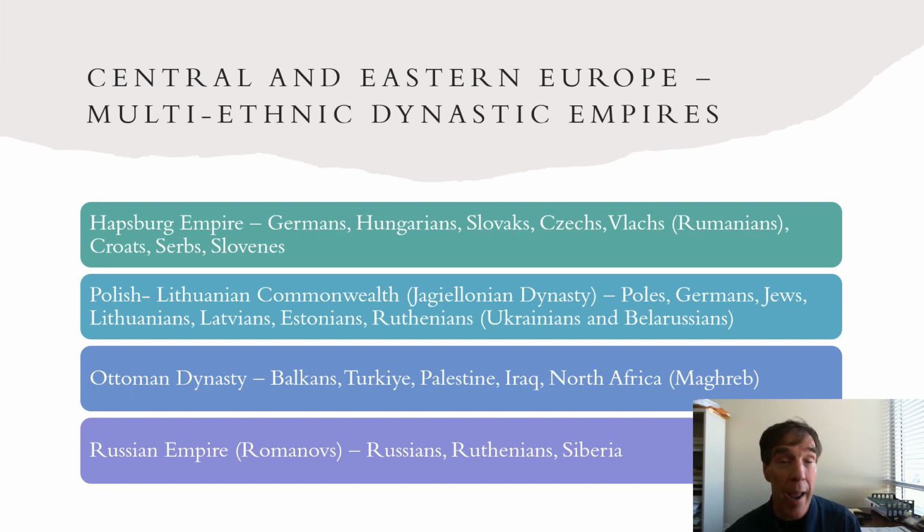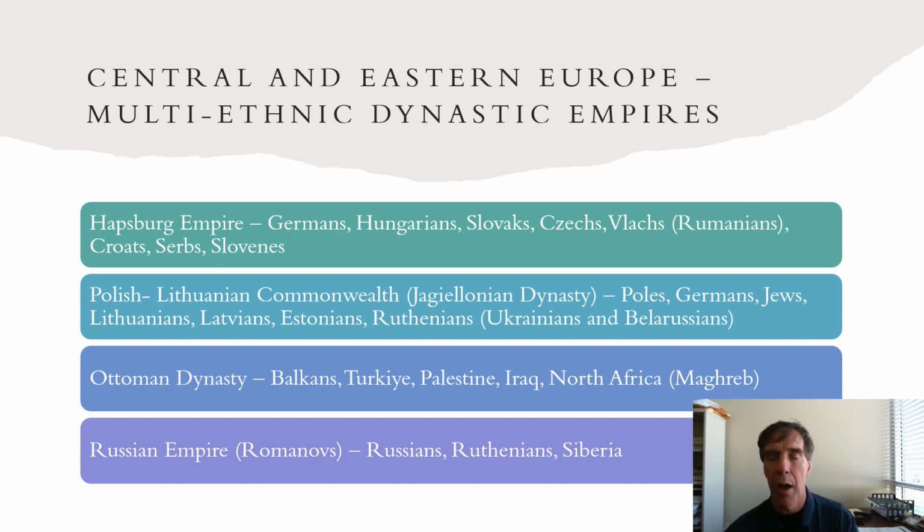It also included Iraq and extended all the way to what is today Mecca and Medina in Saudi Arabia, and then all across the northern part of North Africa, which was known as the Maghreb to Muslims, and that includes places like today Morocco and Algeria and Libya and Tunisia, and of course Egypt. These are all part of the mighty Ottoman Empire.